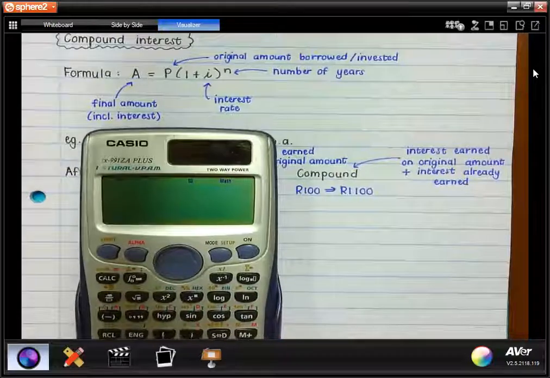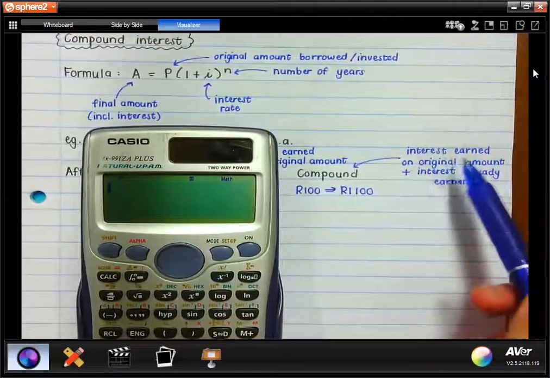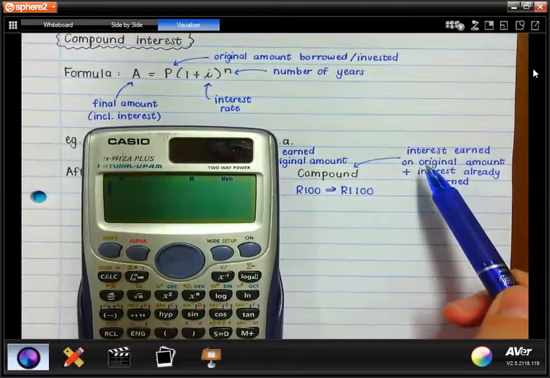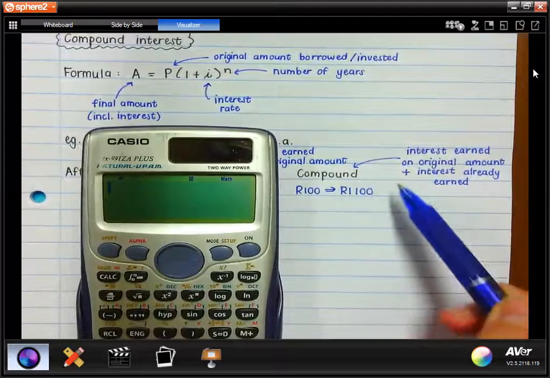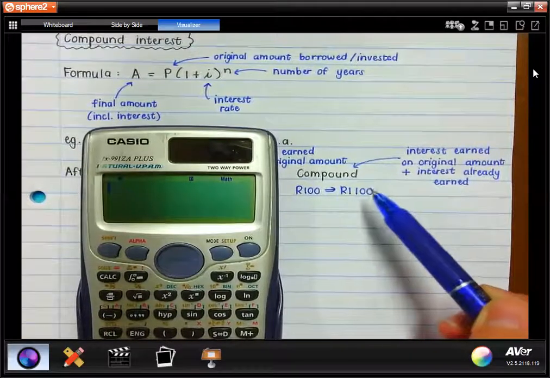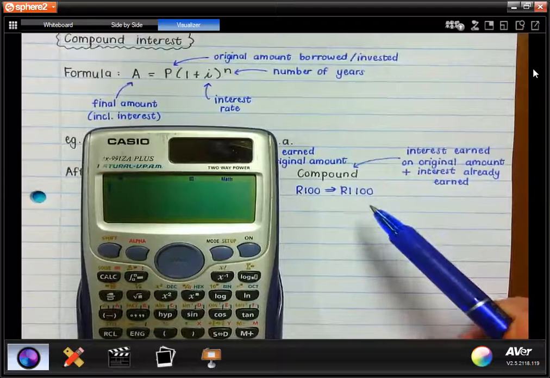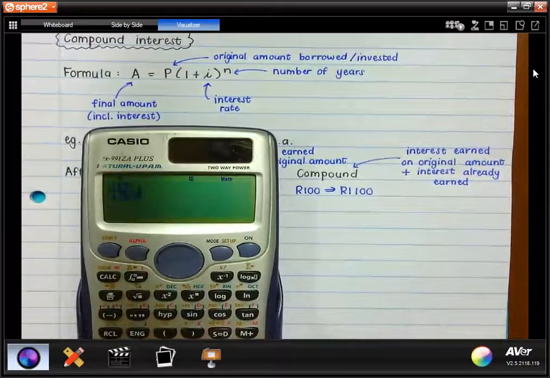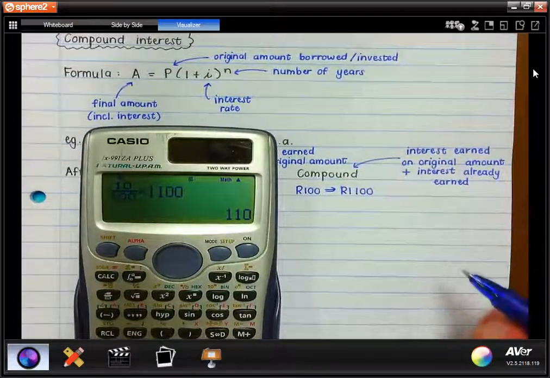Now for the second year, let's see here, it says interest earned on original amount plus interest already earned. So now I'm actually going to earn 10% of 1,100 Rand. All right, so the interest is now not only calculated on the original 1,000, but also on the 100 Rand that we've added already. So now we're going to do 10% of 1,100, which is 110 Rand in the second year.